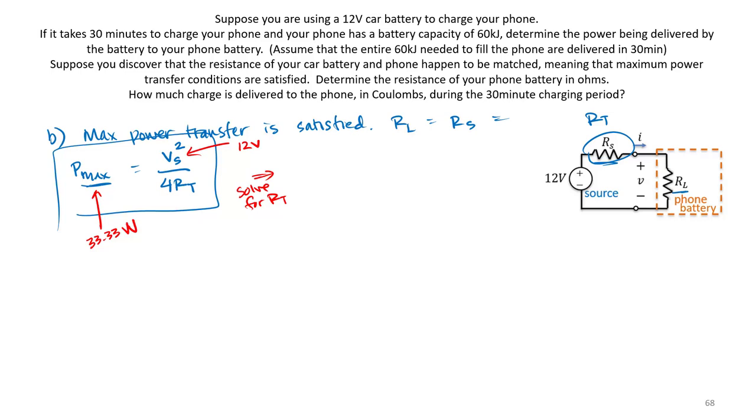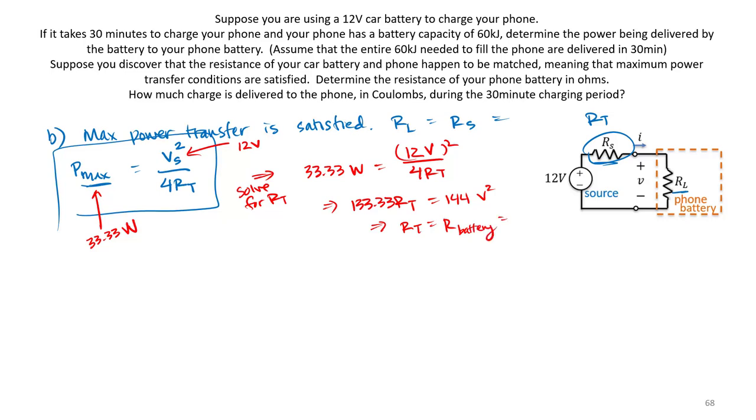And we determine in this case, if we go ahead, plug everybody in, and solve for RT, we get RT, which is equal to our battery. That will be equal to 1.08 ohms. So this part is now complete.